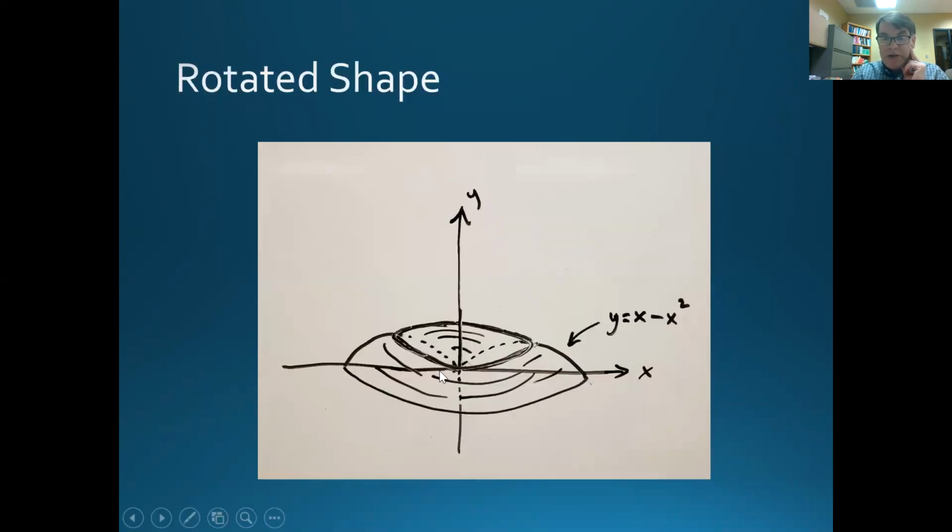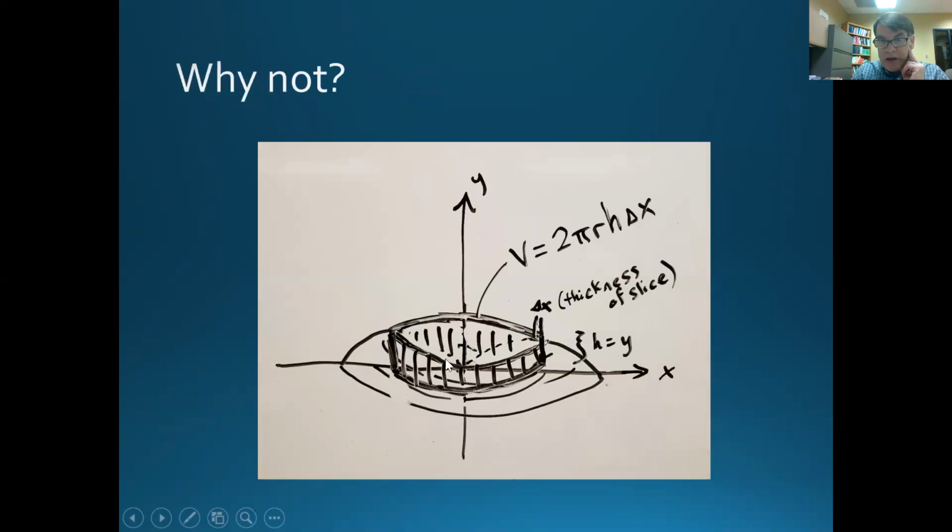So you can think of this as being a bunch of up and down cylinders, from small ones to bigger, bigger, bigger, and so inside of this shape you have an infinite number of little cylinders, where delta x is kind of like the thickness of each slice. That's what we're going to take the limit as it approaches 0, as it were. This is going to become dx when we go into integration.